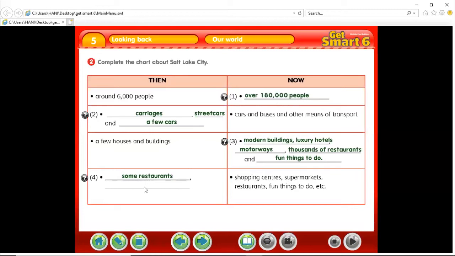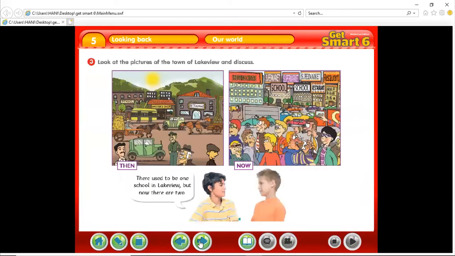Yes, some restaurants and grocers' shops. So again, a comparison between life in the past, then, and life now in this city, Salt Lake City.